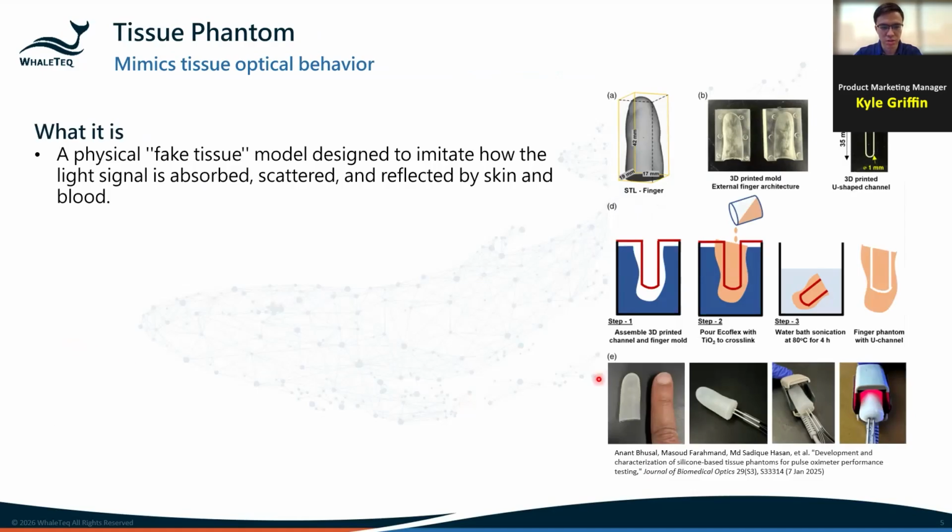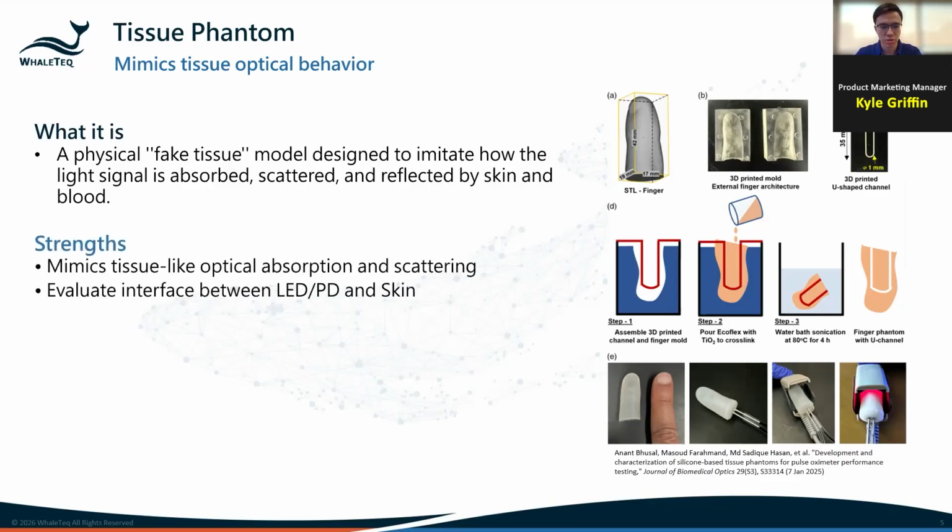Here, you have a mold of a finger, and then you embed a 3D printed U-shaped channel, and you build a fake finger with the mold, and that creates a fake finger that you can then test your SpO₂ device with. So the strengths are that it mimics tissue-like optical absorption and scattering, and you can evaluate the interface between the LED and PD arrangement and the skin.